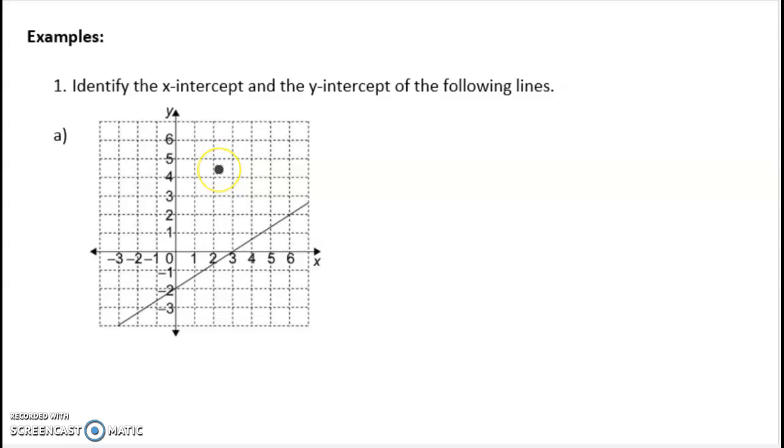Over here, it says identify the x-intercept of the following line. So the x-intercept on the first one would be right here. Following the points x and y, x in this case is 3, and y is not up or down, it is 0.